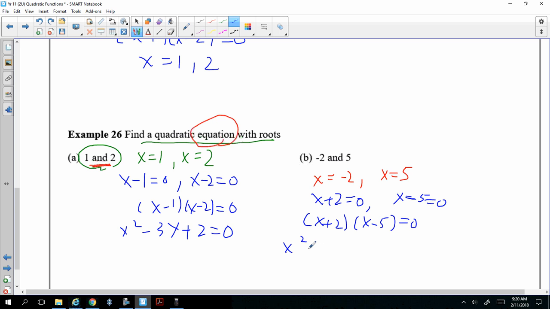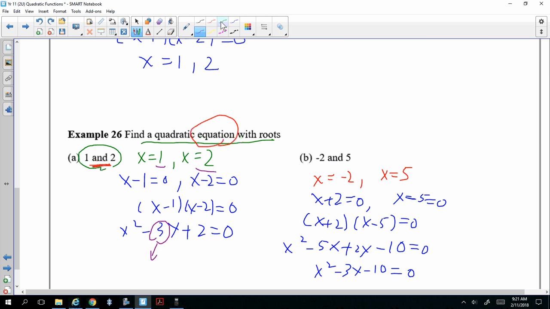And the question is, is there a faster way? Who can see a faster way? Well, the faster way is this. Notice the 3 is the sum of the roots, right? 1 plus 2 is 3. And what's the other one? 1 times 2. Does it work with the other one? The 3 is -2 plus 5. The -10 is -2 times 5.